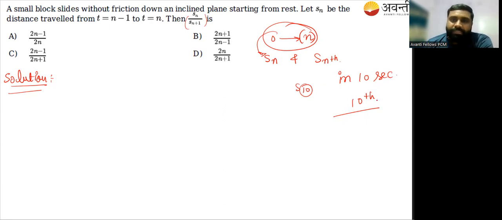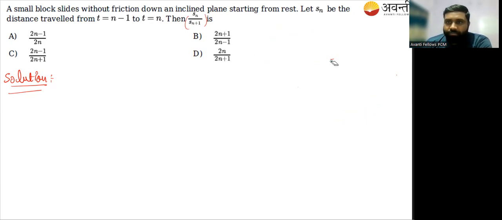So the same is the concept here. Now, to know the distance traveled in the 10th second, what we will do? We will calculate it by the distance traveled in total 10 seconds minus the distance traveled in 9 seconds. So that will give you the distance traveled in the 10th second.